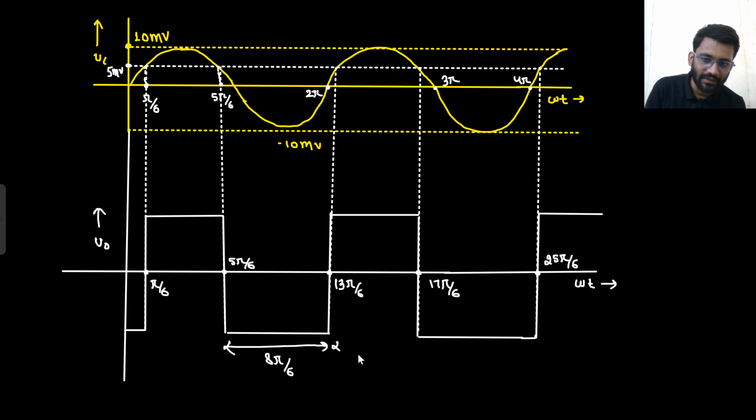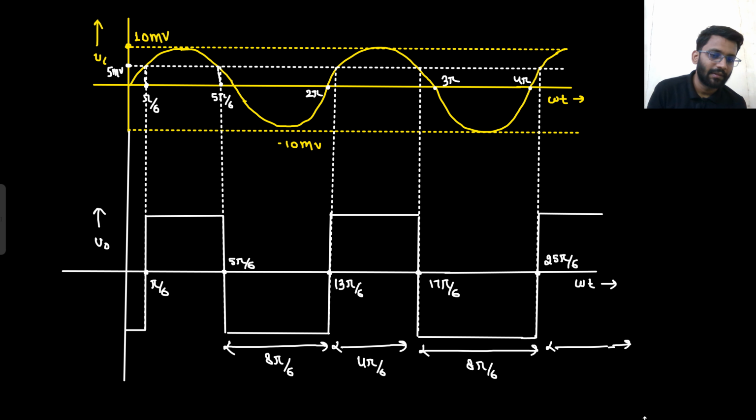This gap is 4 pi by 6. This gap is again 8 pi by 6. Next gap will be 4 pi by 6 only. So this 8 pi by 6 gap and then 4 pi by 6.